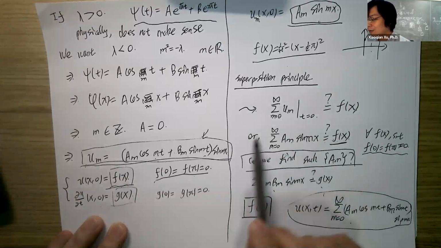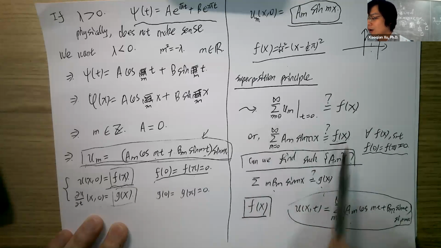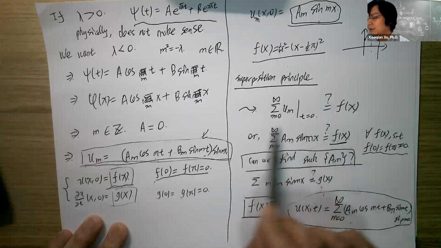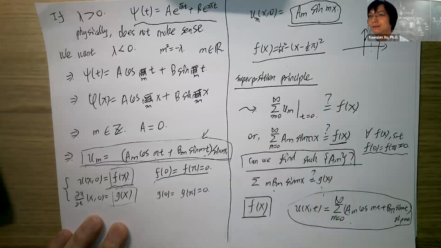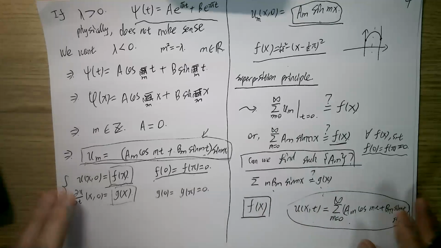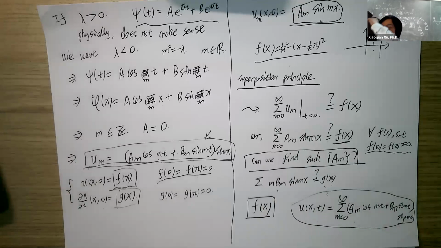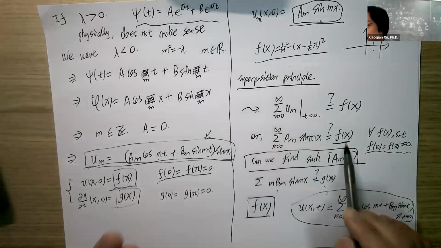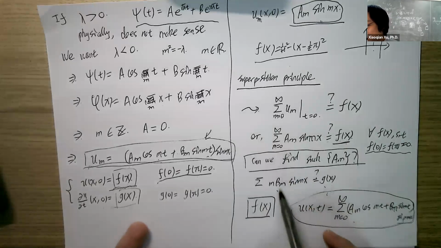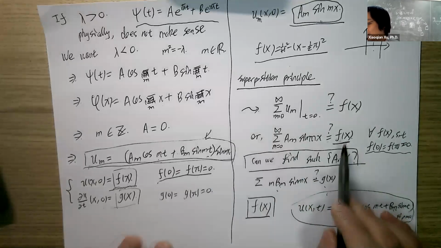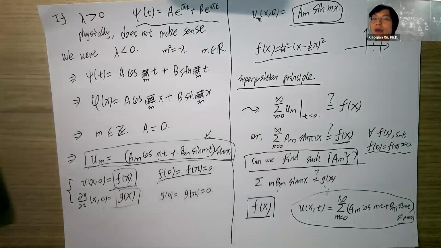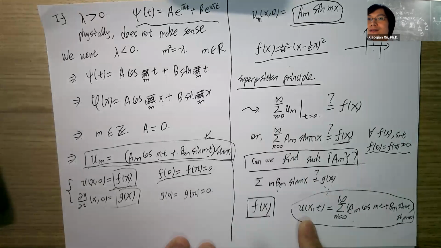And if you plug in, you find that we only want these two equations to hold. So that means, given f and g, as long as we can find a_m and b_m, then we are able to find the solution.